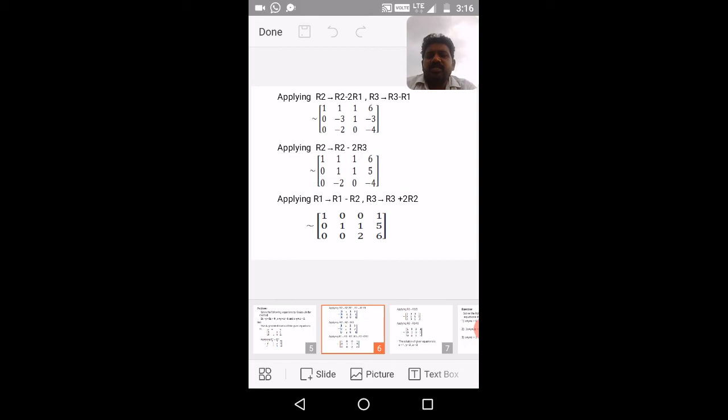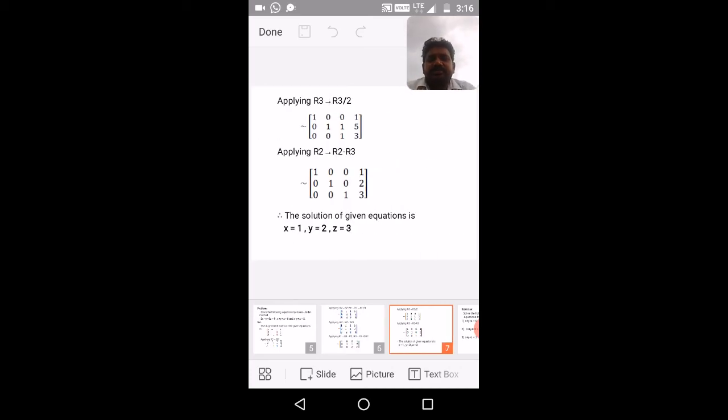What we got is that the third element of the third row should be 0, because in that form what we have to reduce is also the third element to 0. Like that, in the next step R1 minus R2, R3 plus 2R2, and R3 by R2 minus R3. These are the row operations used to reduce the coefficient matrix into identity matrix form.